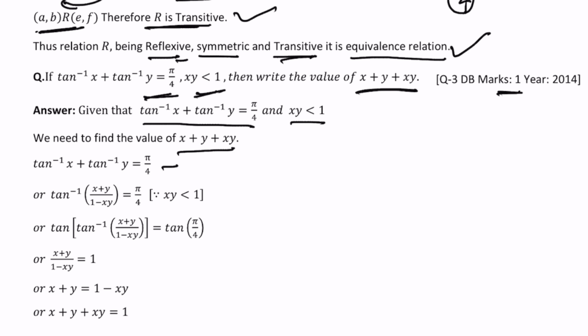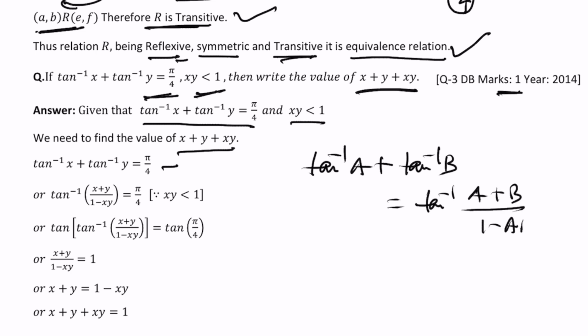We know that tan inverse A plus tan inverse B, what is its formula? It is equal to tan inverse of A plus B by 1 minus AB. So here it is tan inverse of x plus y by 1 minus xy, and this is equal to pi by 4. Let us take tangent on both sides of this equation. So tan of tan inverse cancels out, and it becomes x plus y, and tan pi by 4 is how much?